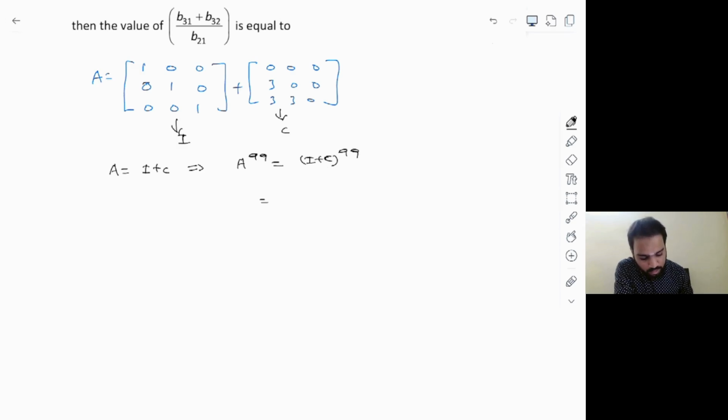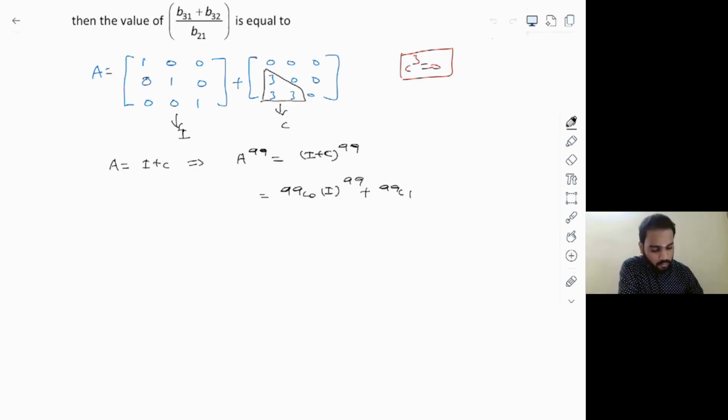But you know how to expand the binomial expansion, right? That is 99C0 multiplied by I to the power of 99, plus 99C1 into I to the power of 98 multiplied by C, plus 99C2 into I to the power of 97 multiplied by C square, plus 99C3 into I to the power of 96 multiplied by C cube, and then so on.